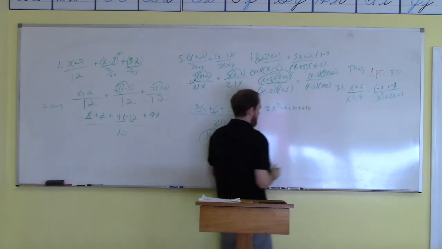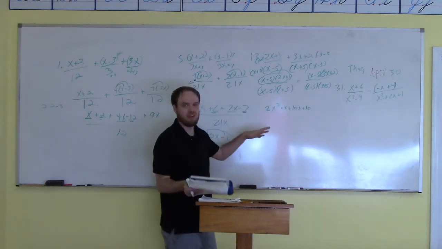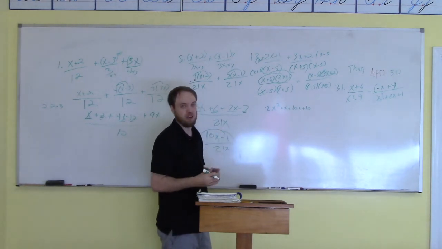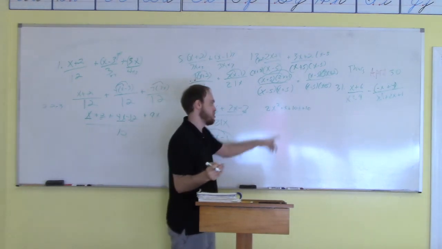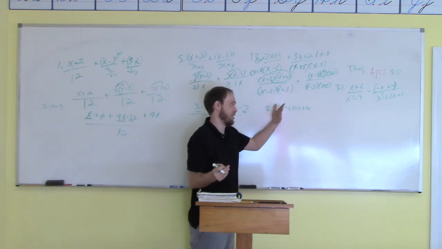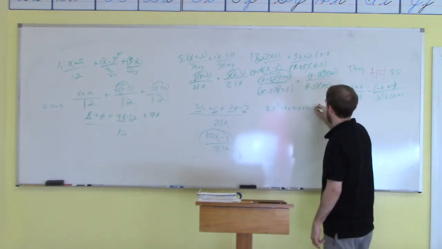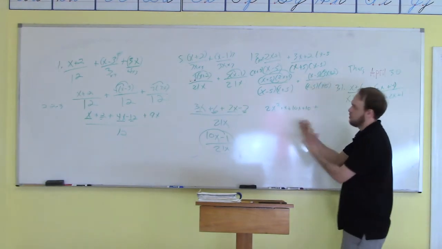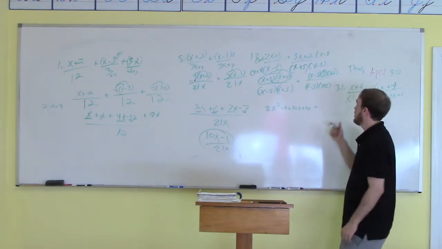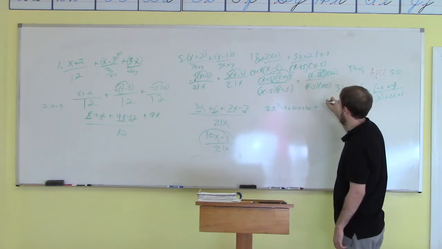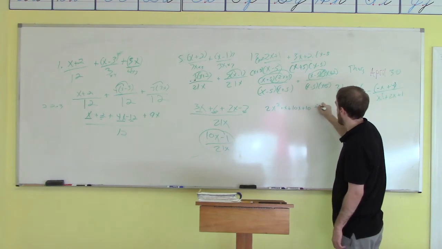You can go ahead and combine those in the middle if you want. Basically, we're going to be combining a bunch of stuff anyway, so if you leave it, it's fine. But you can combine that x and the 10x and get 11x there if you want. I'm going to leave it for now, because when I FOIL this, we're going to start compiling it all anyway. And so I'm going to do x times 3x, which is 3x squared.